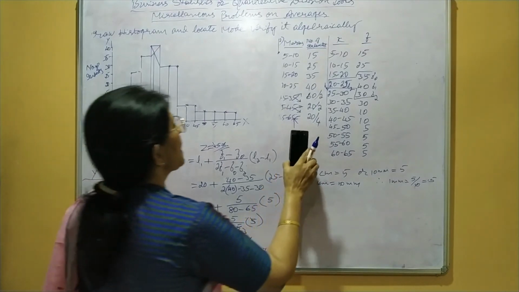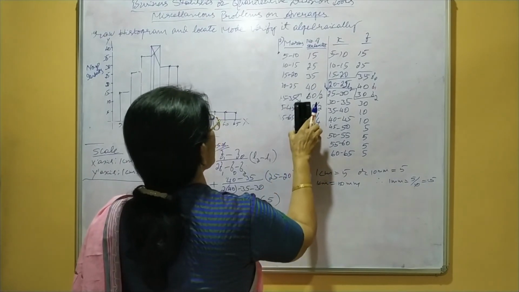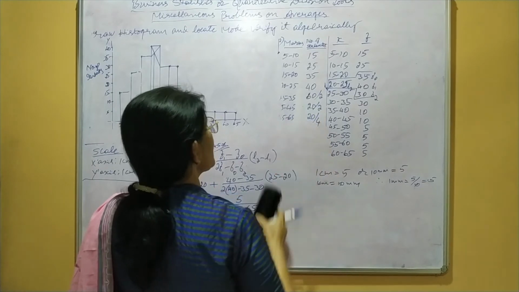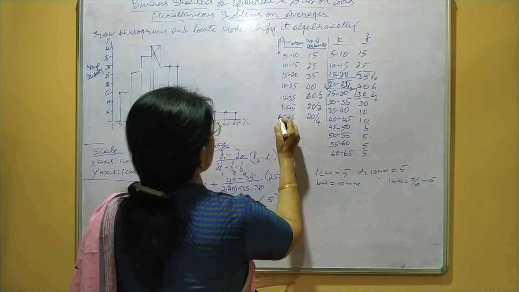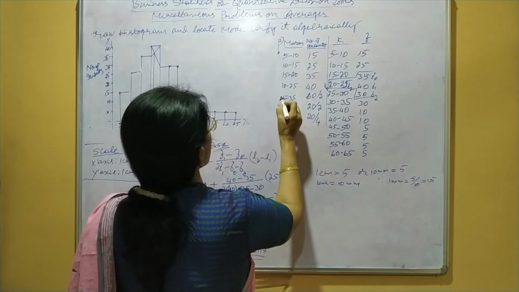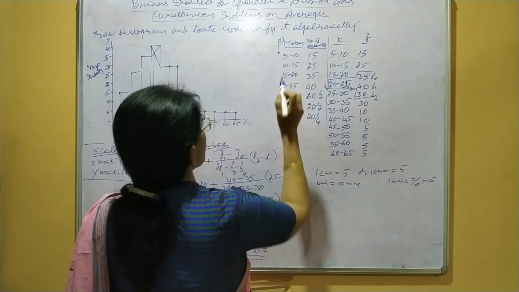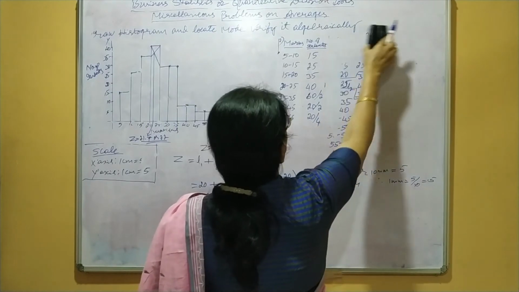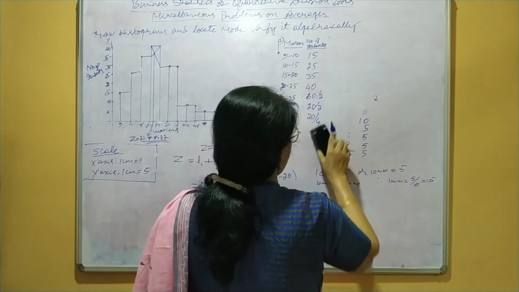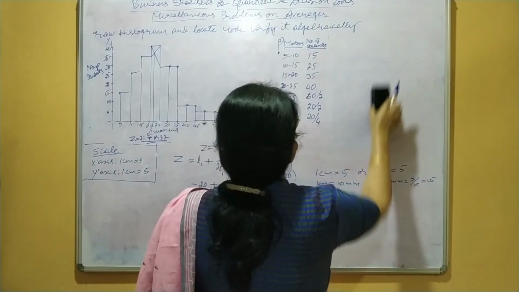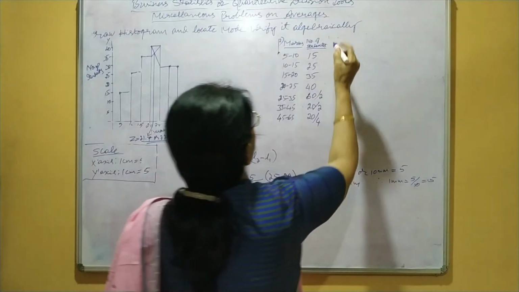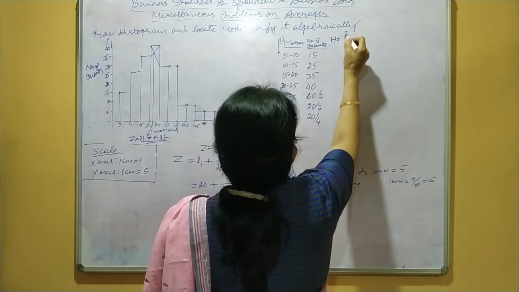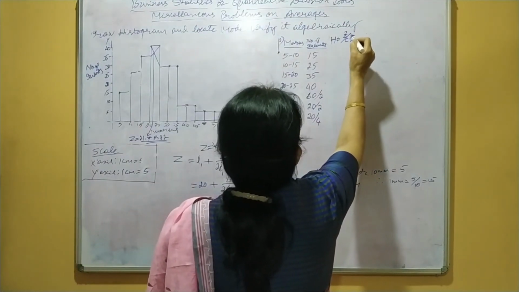That means, even without splitting this, for calculating algebraically you have to split, but to draw a histogram you need not split the classes. Instead, we have to calculate the height. How to calculate the height: height equals frequency divided by class interval.